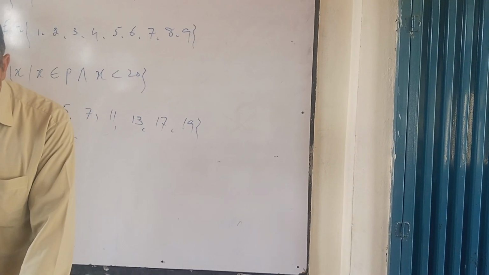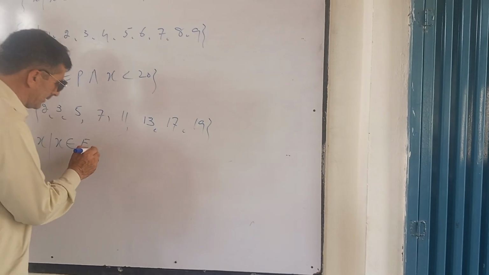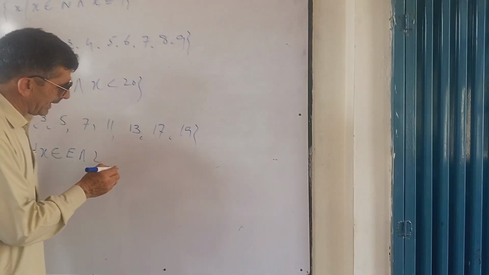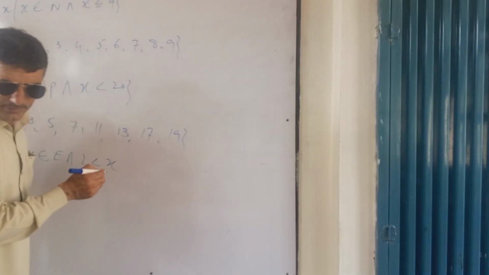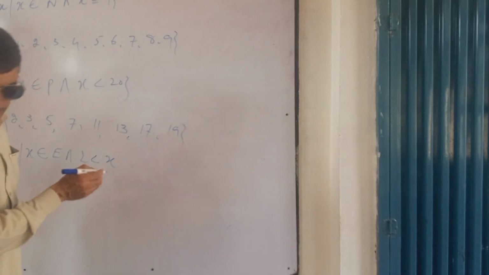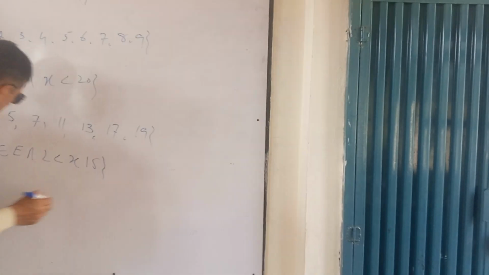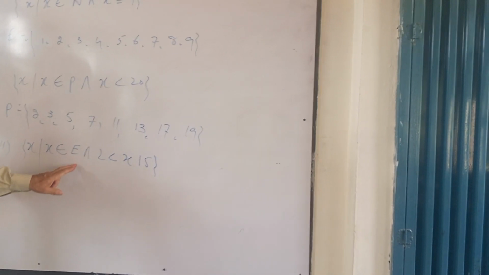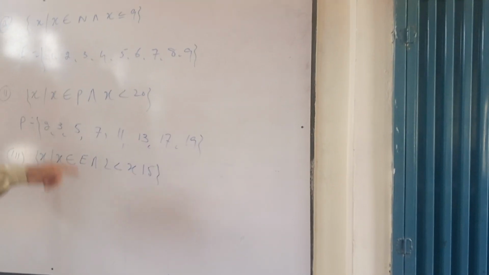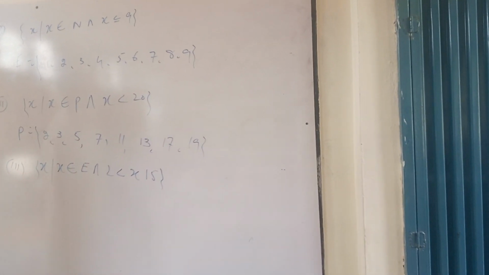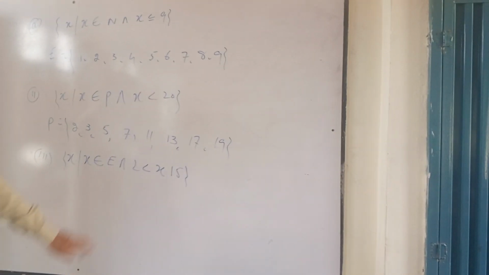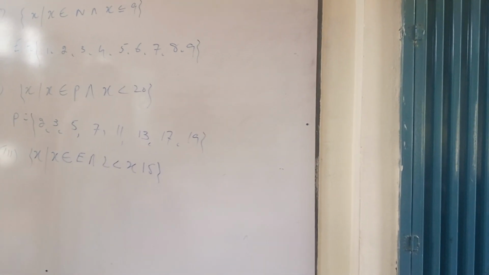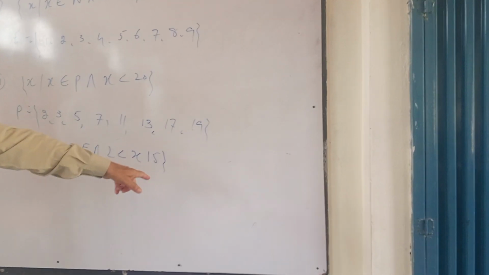So x such that x is a member of E, and 2 is smaller than x, and x is smaller than 15. It is clear from the statement that it is the set of even numbers which are greater than 2. It means that 2 is smaller than x. It means that x is greater than 2. X is greater than 2 and smaller than 15.